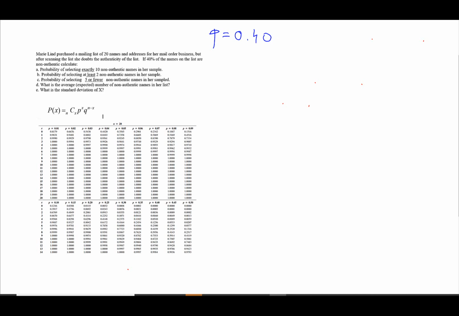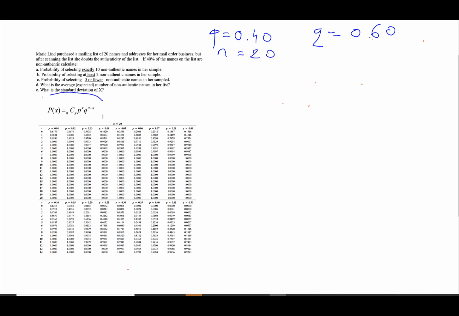The complement probability, to be an authentic name, is 1 minus decimal 40, so it'll be decimal 60. We have 20 names on her address list, so the number of trials in this binomial experiment is 20.